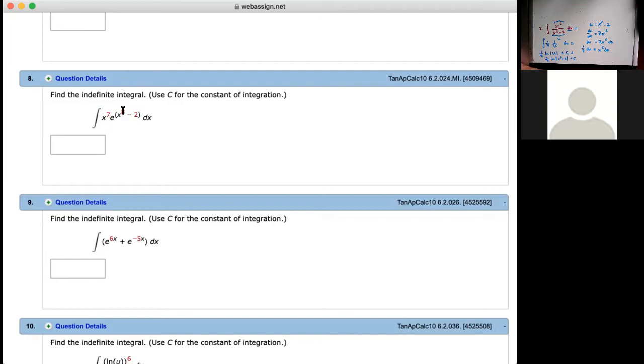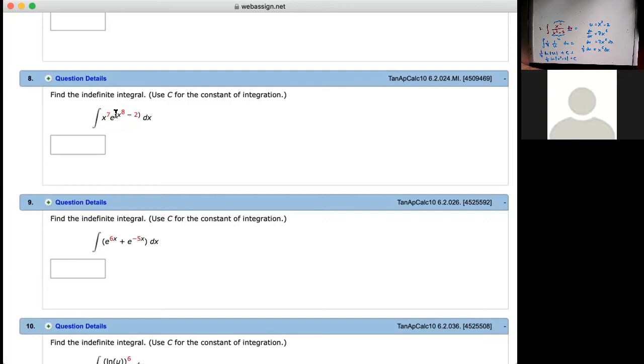This one's interesting because if you choose u to equal x to the 8th without the minus 2, you'll still get the right answer. So it is possible to solve these problems with more than one choice for u, but typically the easiest answers all involve the same base case here.